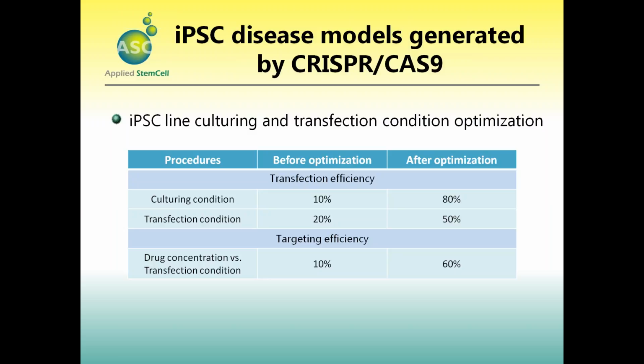The transfection condition optimization improves the efficiency by 30%. This improvement leads to an overall increase in the targeting efficiency by 50%, especially in the case of large fragment knock-in using CRISPR.